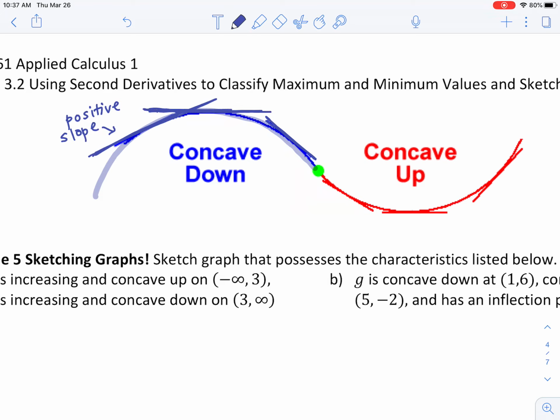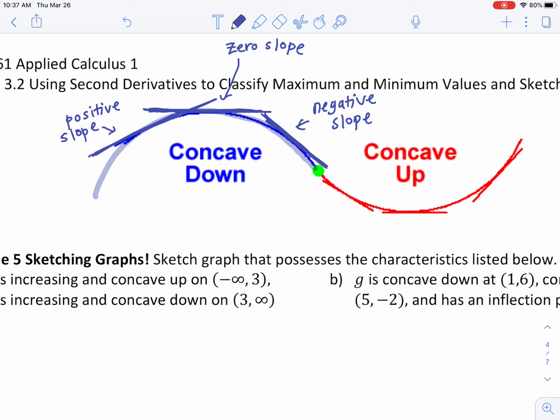If you look a little bit to the right, what's the slope of this tangent line? This is zero slope, right? And look at the very last one, a little bit to the right. This one has negative slope.